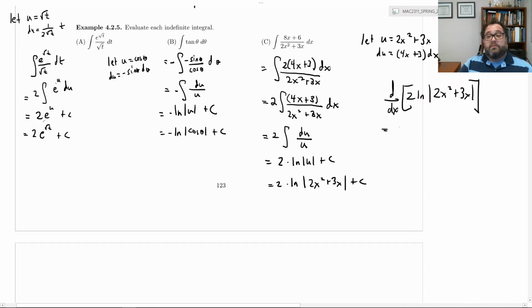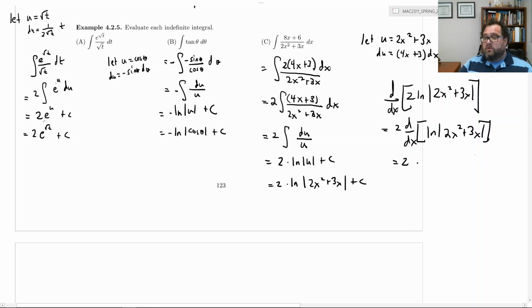We have a constant multiple of a 2. Let's factor it out. That leaves us with a derivative of natural log absolute value of 2x squared plus 3x in absolute value. But remember, we can basically ignore the absolute value, because the derivative, whether there's absolute value there or not, is the same. So we could say this is 2.